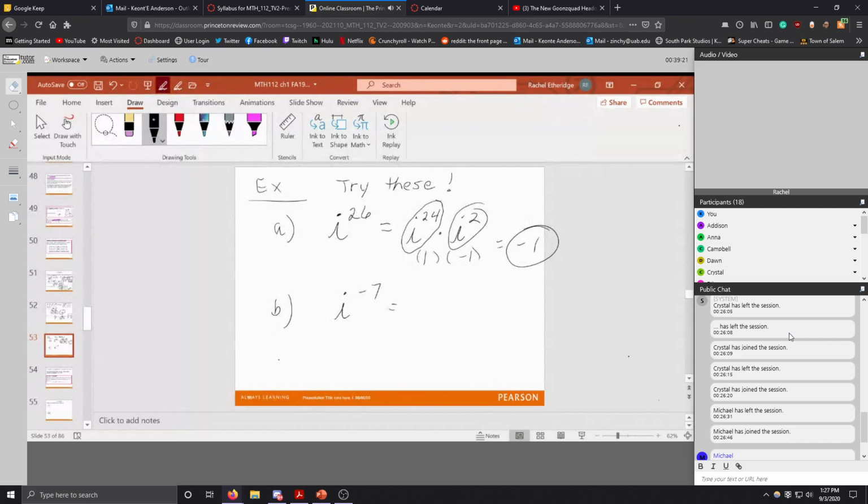And then this one, I'm going to write 1 over i to the 7th to make that a positive exponent. So then I'm going to break that down into i to the 4th times i to the 3rd.